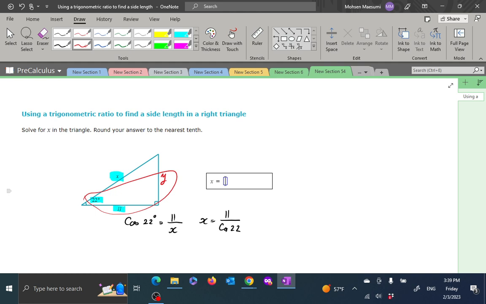So we say, what relationship connects an angle to its adjacent and opposite? To adjacent and opposite, of course, that's tangent. So tangent of 22 would be the opposite, which is y, divided by the adjacent. In this case, I just multiply, so my y becomes 11 times tangent of 22.